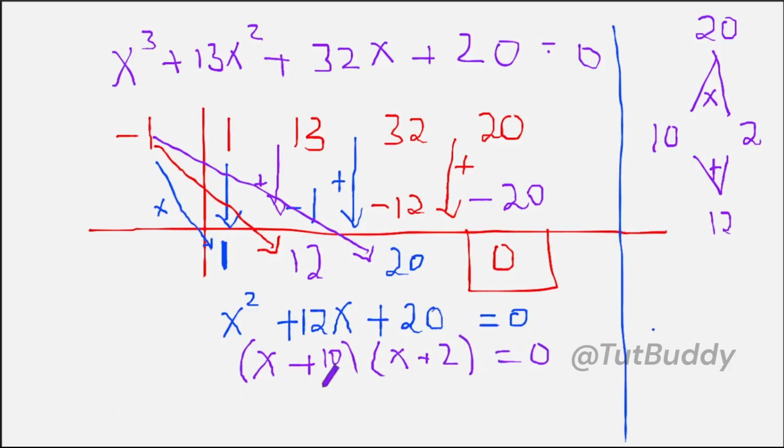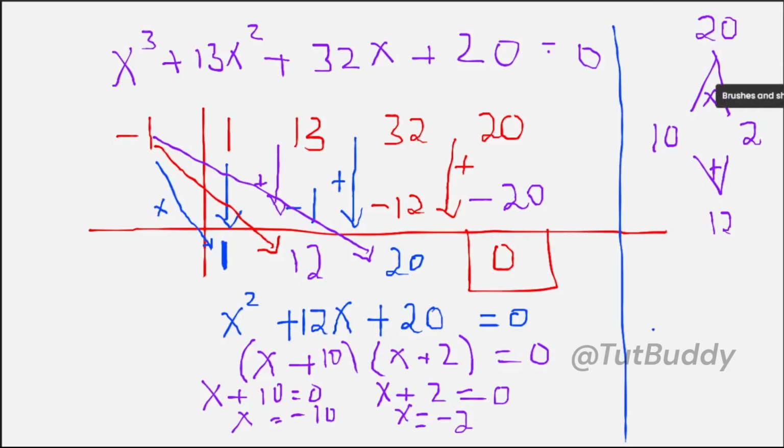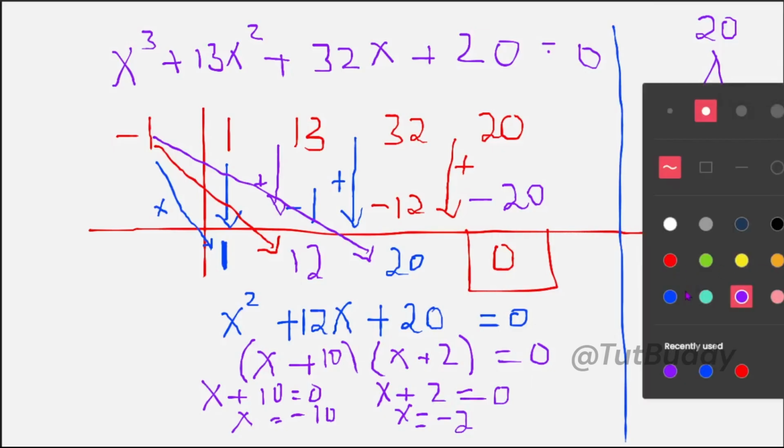So what are my values for x? I'll equate each bracket with 0. So my values for x are x equals minus 10 and x equals minus 2. So these are my other two values of x. And I already have one value for x.